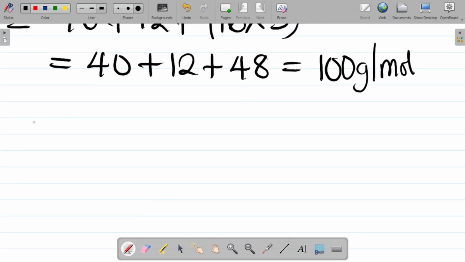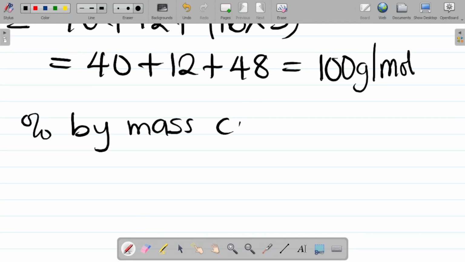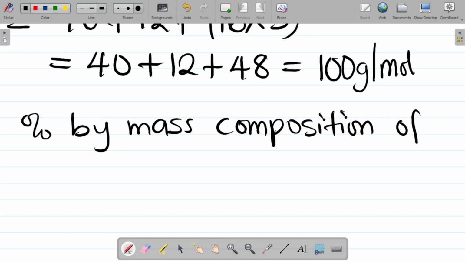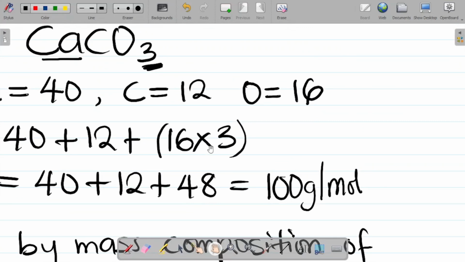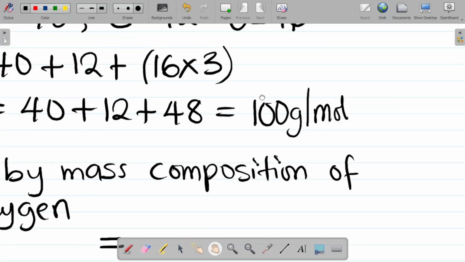So we have the percentage by mass composition of oxygen. We said the formula for oxygen is equal to the atomic mass of the element, which in this case is 16.